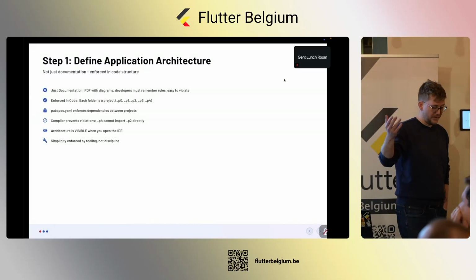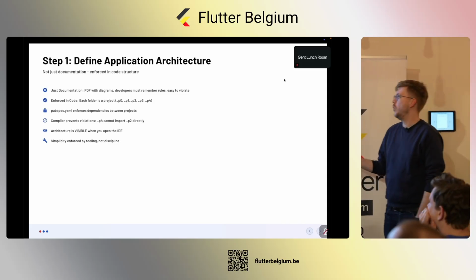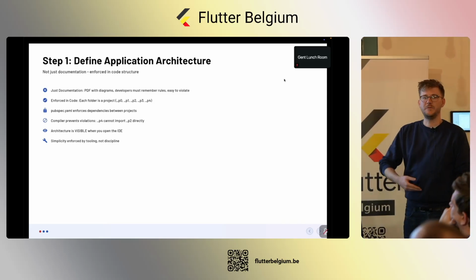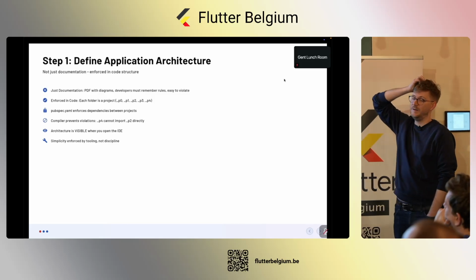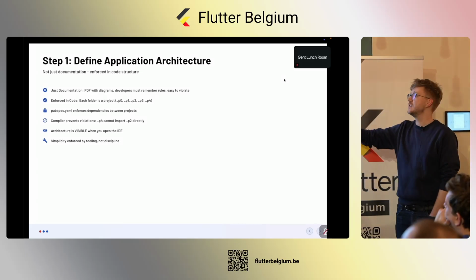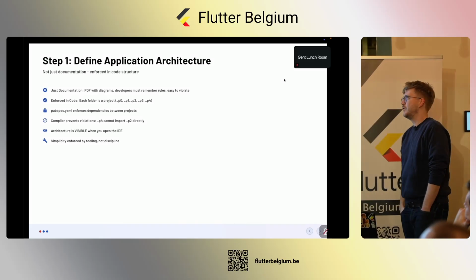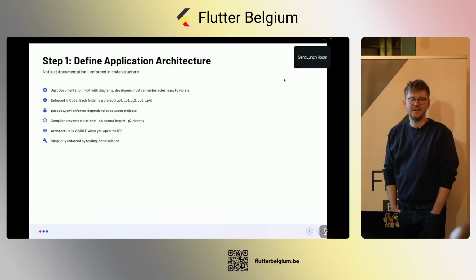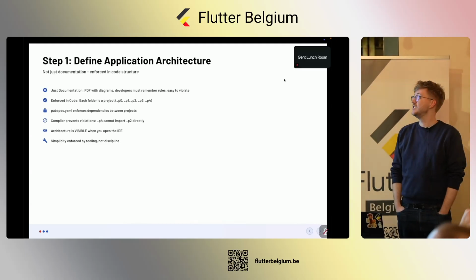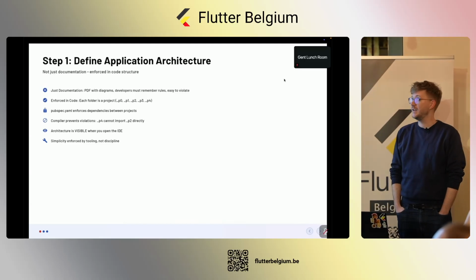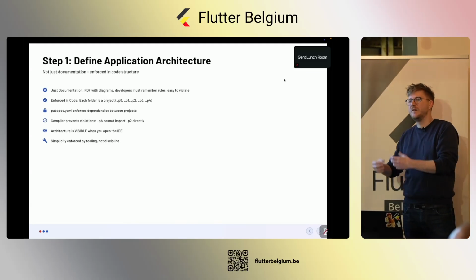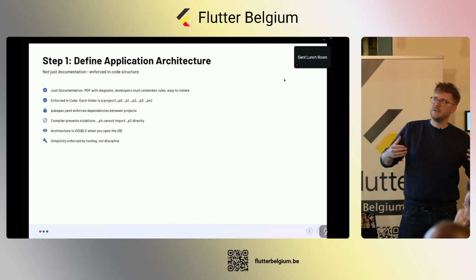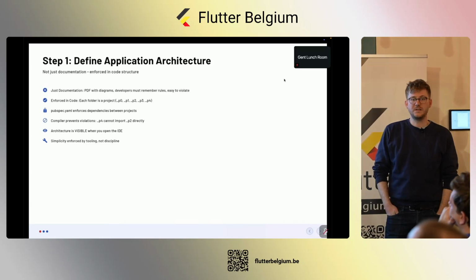So in my opinion, where do you need to start before even using AI? Step 1 is define what your application architecture is. For me, there's no right architecture. It is just, at least have one, have an idea on how your team works, what works for you, and have a way of enforcing it.